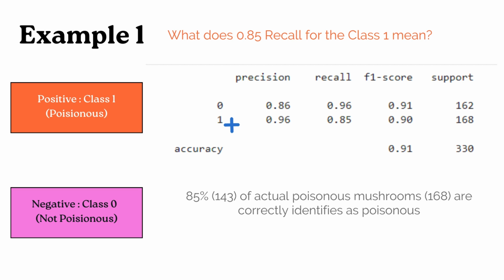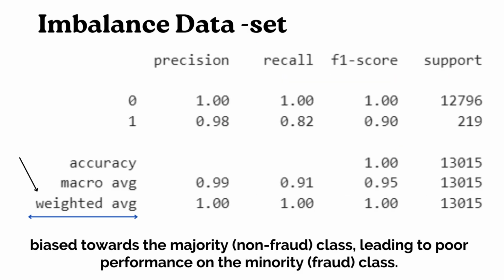You have to be careful with imbalanced data sets. In the classification report that you see, the model is actually biased towards the majority, the negative cases, leading to poor performance on the minority cases, the 290.